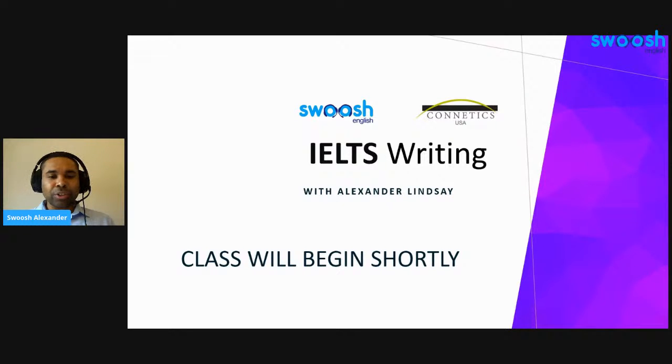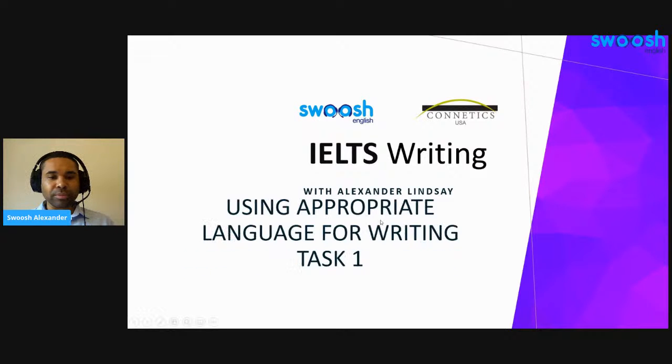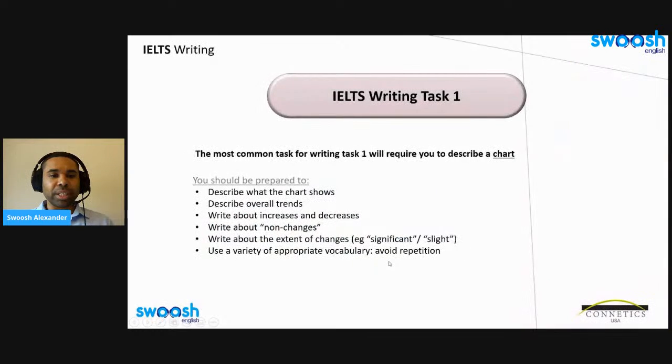So let's have a look then at IELTS writing part 1. The key is it's about using appropriate language for the writing task 1. And this is what you should be prepared to do for this task. So the most common task for writing task 1, as I'm sure you're aware, is to describe a chart.